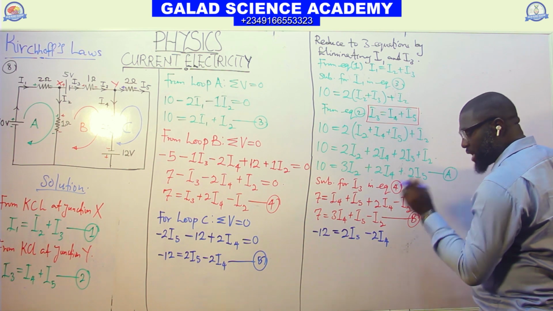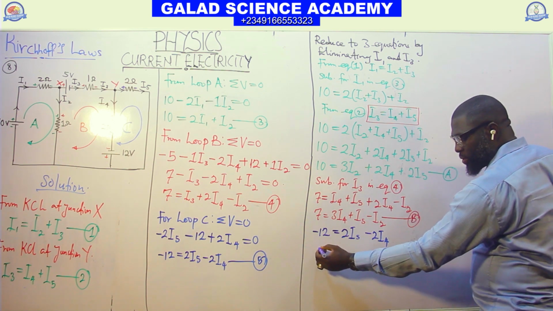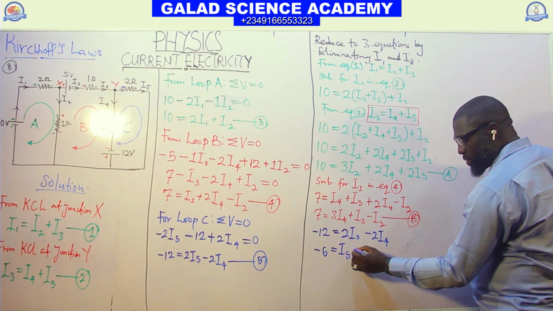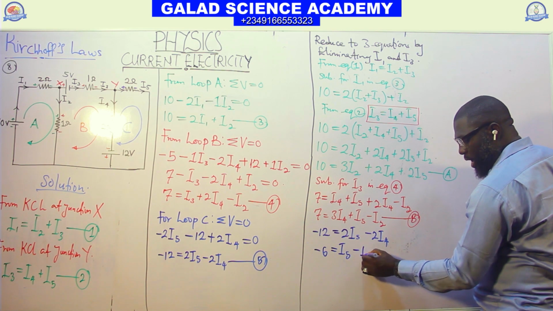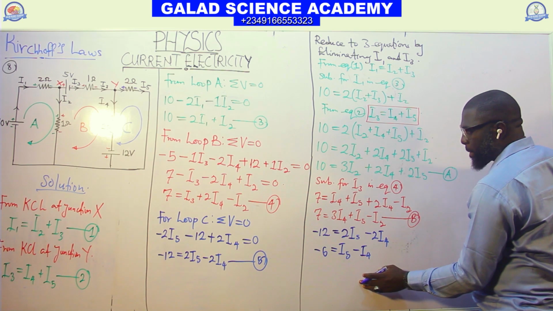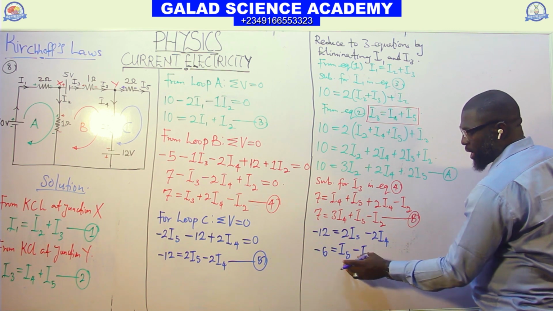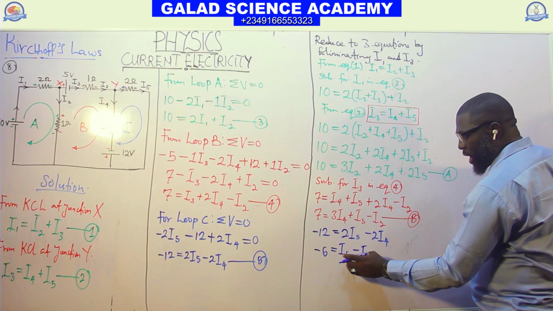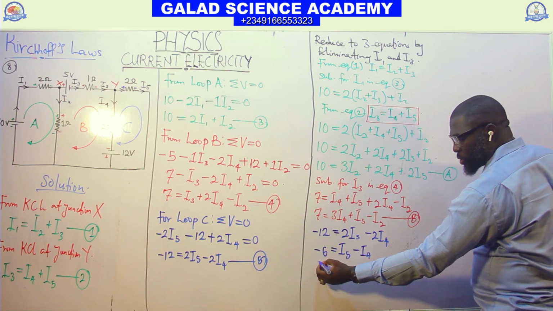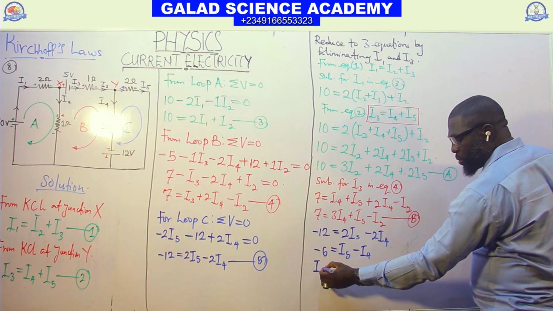By dividing both sides by 2 here, I'm having minus 6 equal to I5 minus I4. From this expression, let me make I4 the subject of the formula.